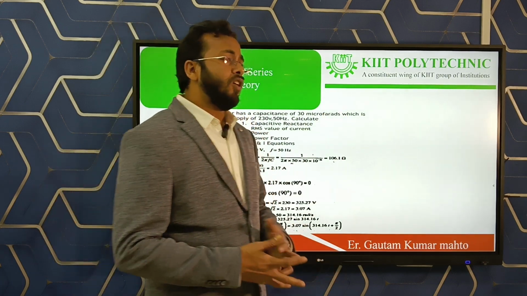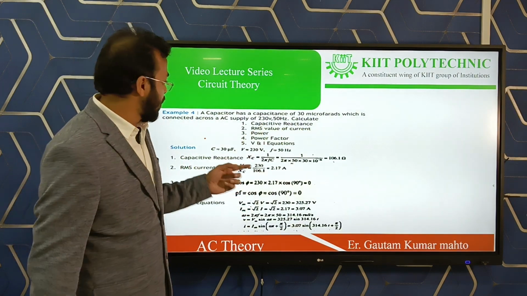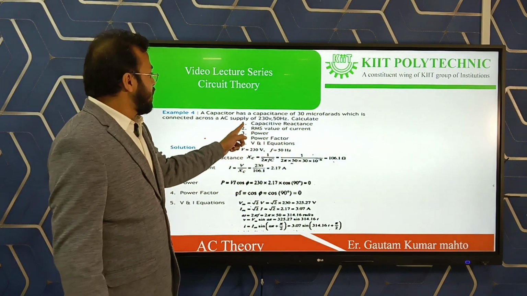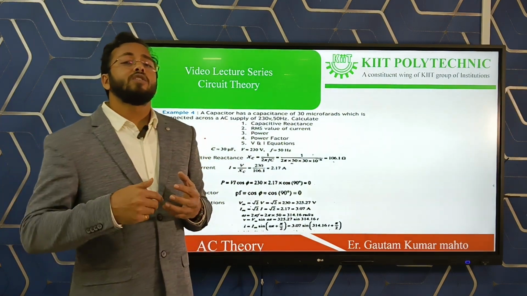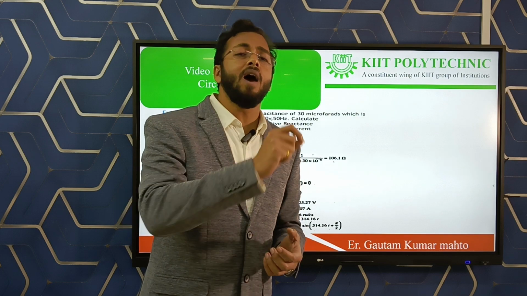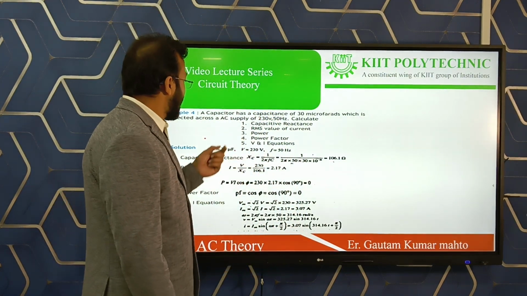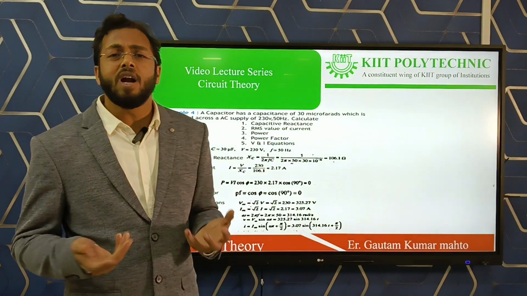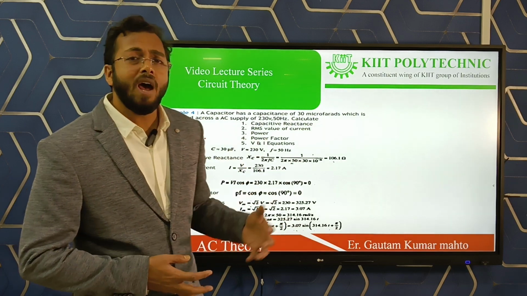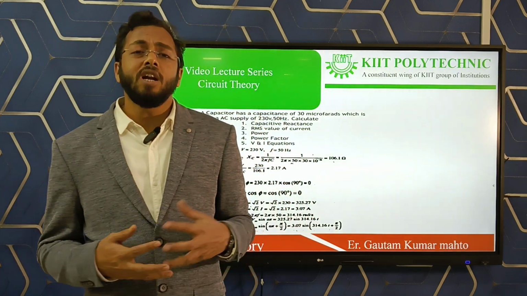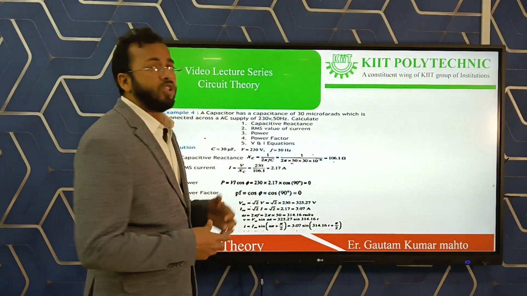Here the capacitive reactance is 1 upon omega c, that is 1 upon 2 pi fc, and the RMS value of the current is equal to the RMS value of voltage divided by the reactance due to the capacitor. For power, you can apply VI cos phi. Power factor is 0, that's why power is also 0. V is equal to Vm sin omega t, and current is equal to Im sin omega t plus pi by 2, because this is a leading circuit.